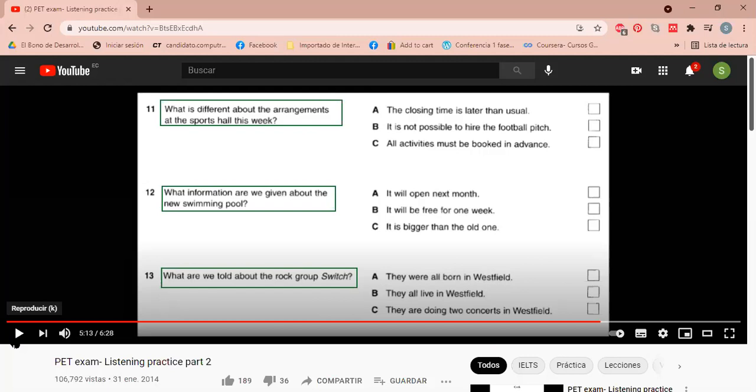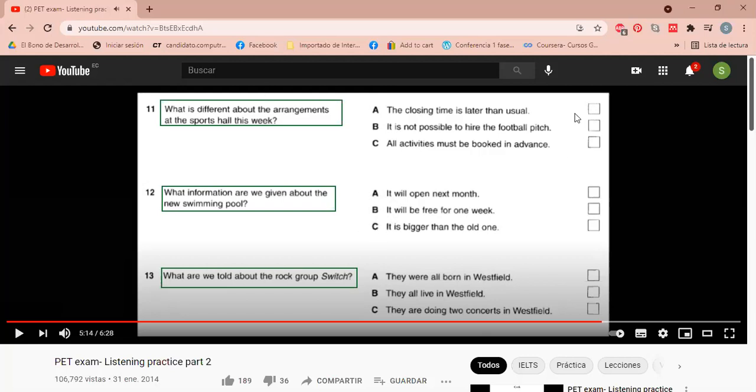All activities must be booked in advance. Porque ahí nos dice que just a football, which is the most popular, has to be booked in advance. Sí, solo la más popular debe ser reservada con anticipación. That's why the right answer this time was letter A. Sí, en este caso nuestra respuesta correcta era la letra A.